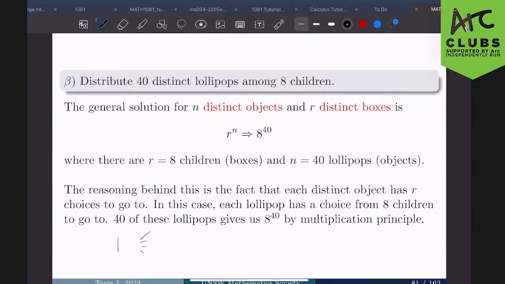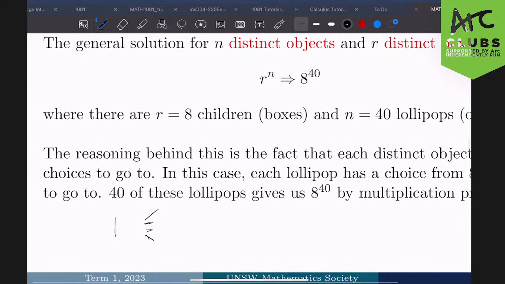If I drew 8 lines it would be a bit too much, but one lollipop has 8 options: 1, 2, 3, 4, 5, 6, 7, 8 children to go to.